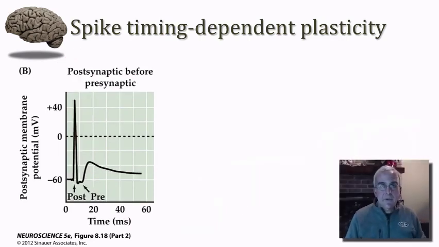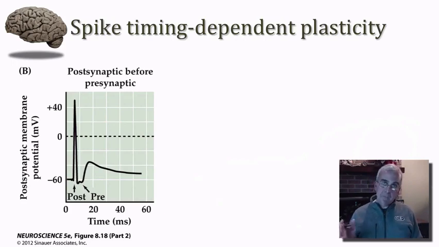Now, since we can control the activity with our microelectrodes, it's possible to stimulate the presynaptic terminal at a time that actually comes following the generation of a postsynaptic action potential. Now, I'll just ask you to remember that our typical neurons that we have in structures like the cerebral cortex receive inputs from many hundreds, even thousands of different synaptic connections, different axonal inputs converging upon the dendrites of the very same cell.